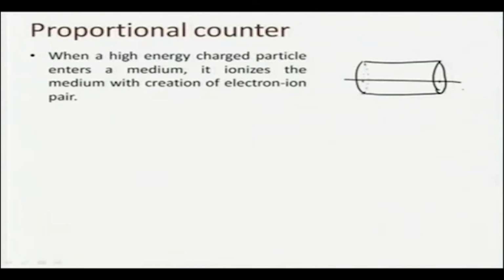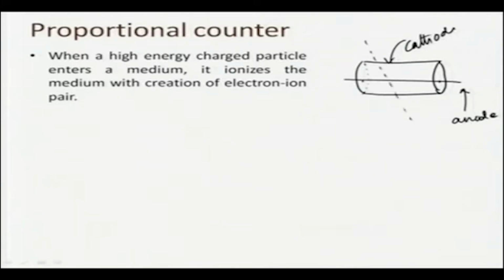So, this is your anode, and the cylinder itself is your cathode. Inside this tube there is an electrostatic field due to the potential difference, which will be useful in detecting the particle. How is it done?